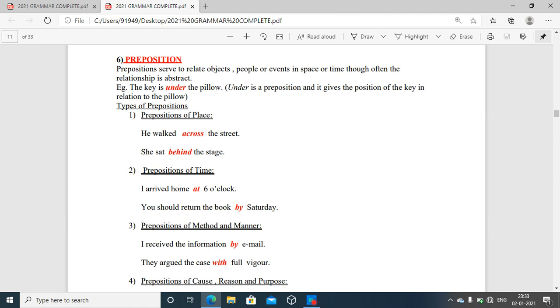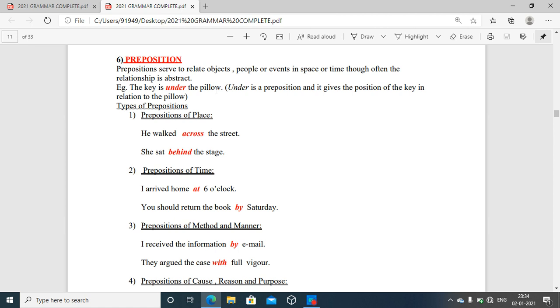Certain prepositions which are most often used to refer to time may not be suitable to refer to space or place. That is the only way we can identify or fill in suitable prepositions in the given spaces.